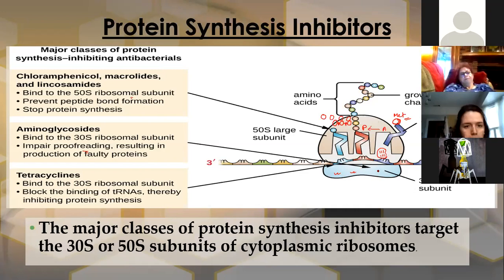If the proofreading machinery is not there, if they cannot read it correctly, then instead of methionine they might bring glycine, and so they are blocking protein synthesis.